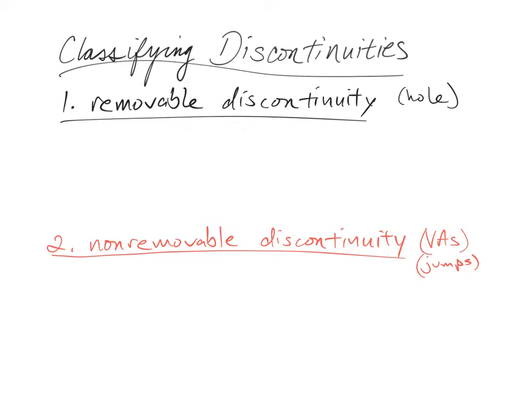But this is calculus. We can't just say removable discontinuity is a hole in the graph or non-removable discontinuity is a vertical asymptote or a jump. We want to use limits to help us describe more mathematically what the difference is between these different types of discontinuities.